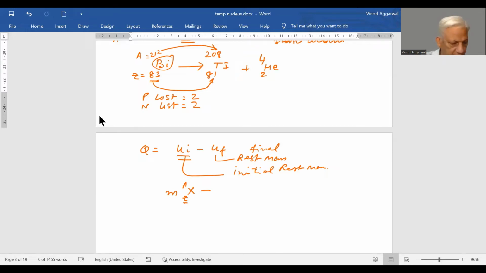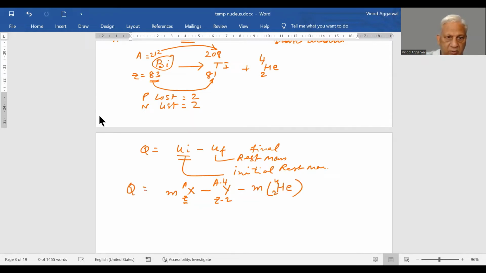So it becomes another element with Z minus 2 and A minus 4, minus the weight of the helium atom.